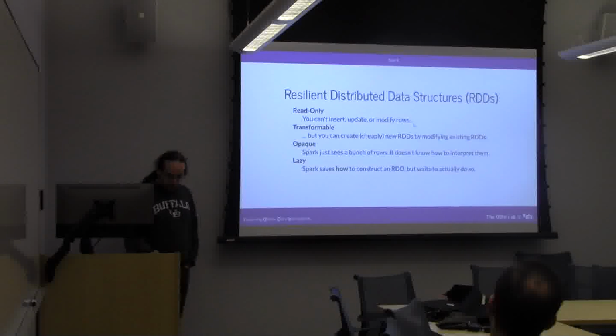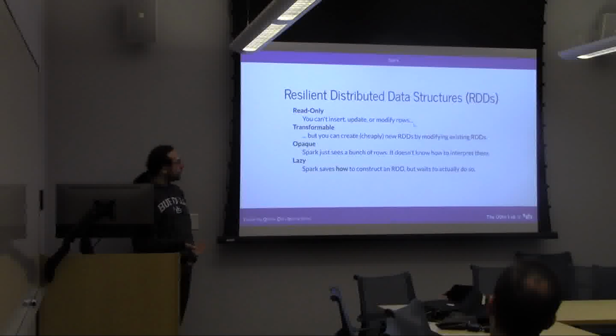RDDs are also evaluated lazily. What I mean by this is that as you transform an RDD, and this is why transforming them is cheap, Spark doesn't actually run the queries then and there. It saves the queries that you've been running, and until you actually access the data, it doesn't do anything with it.